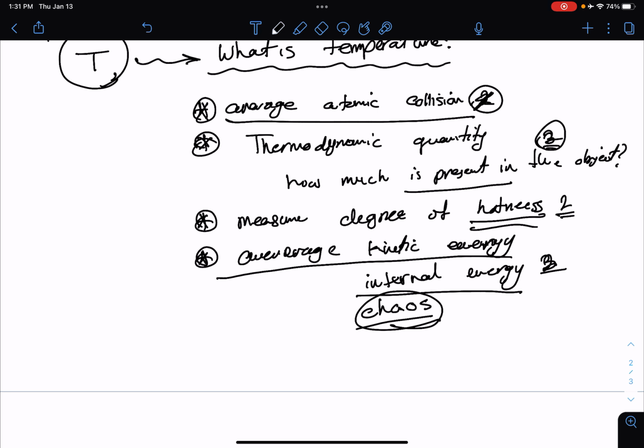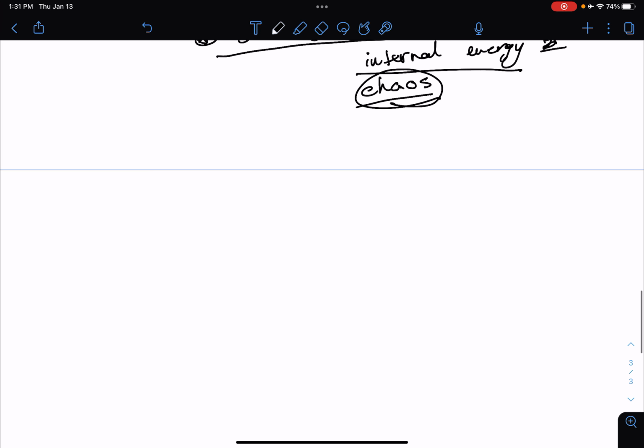Well, the temperature itself is a representation of internal energy of the system, which itself is a representation of average kinetic energy of each molecule. Kinetic energy is essentially how fast or slow your molecules move. I don't know if you can relate it to the chaos there, but yeah, kinetic energy.